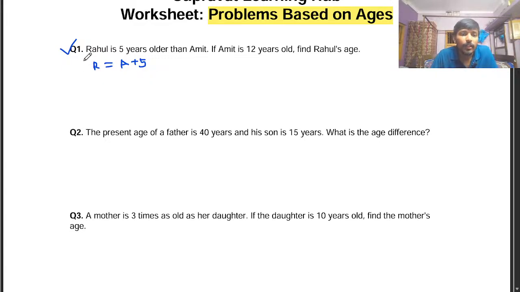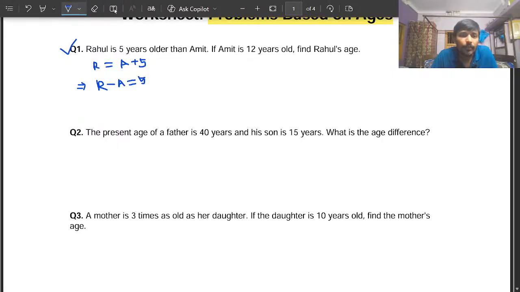So we can say Rahul minus Amit equals 5.